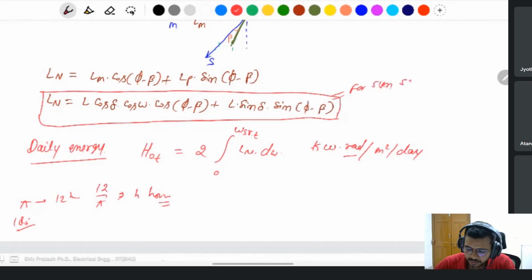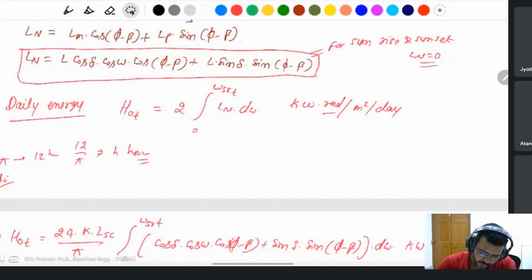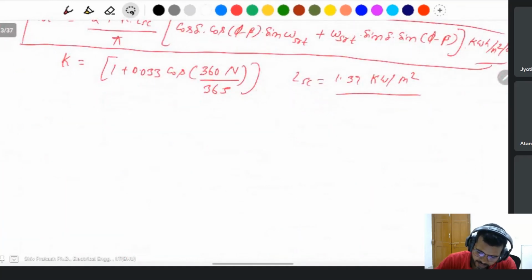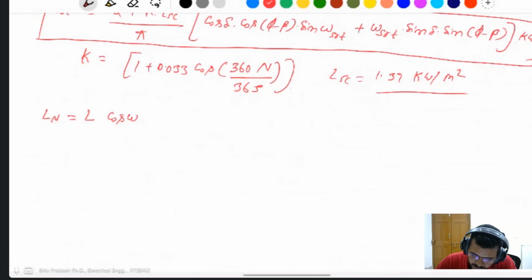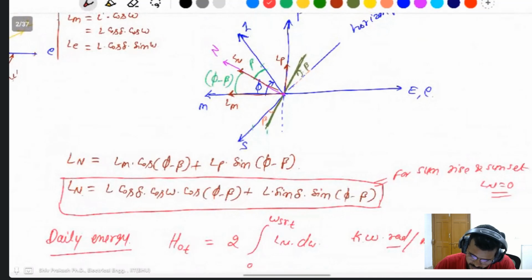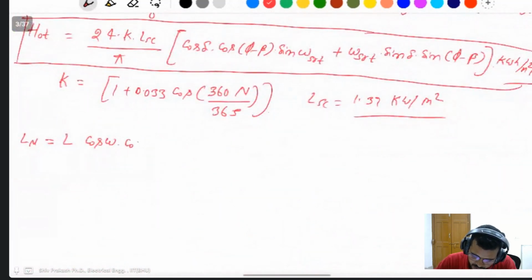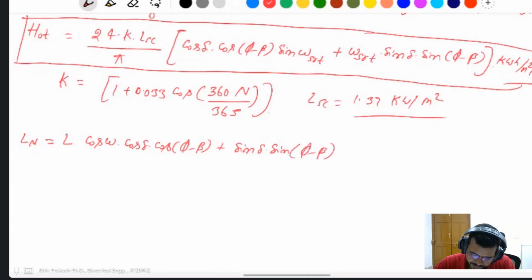For sunrise and sunset time, you can put the 0, then you can find I_n equal to I_sc cos omega into cos delta into cos phi minus beta plus sin delta into sin phi minus beta is equal to 0 for sunrise and sunset.